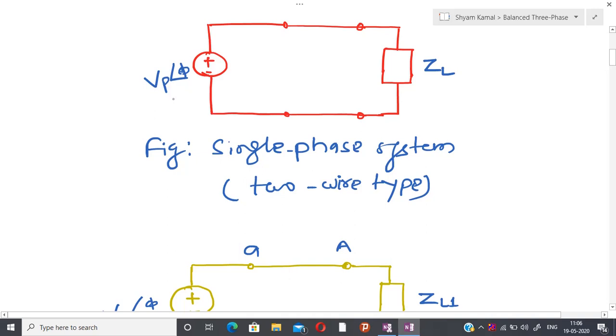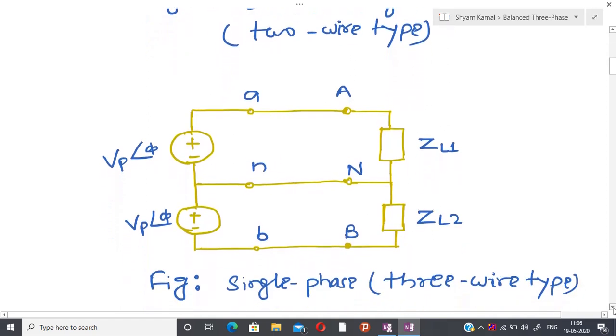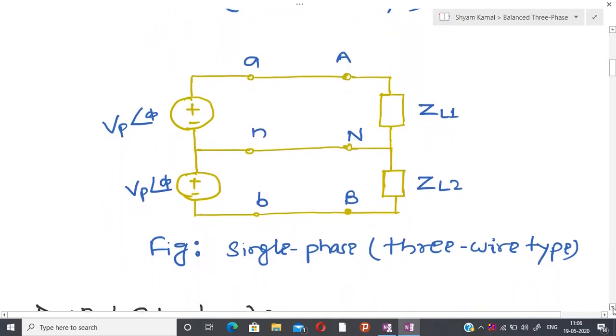What is more common in practice is a single phase 3-wire system. So now I am going to show you the single phase 3-wire system.